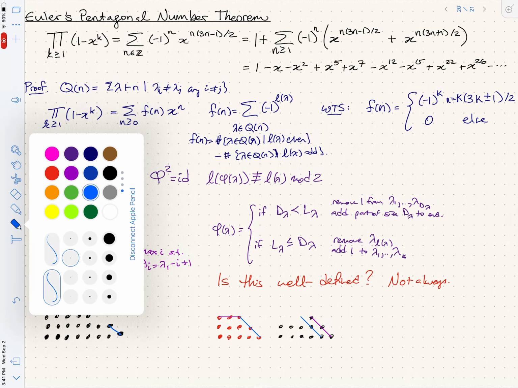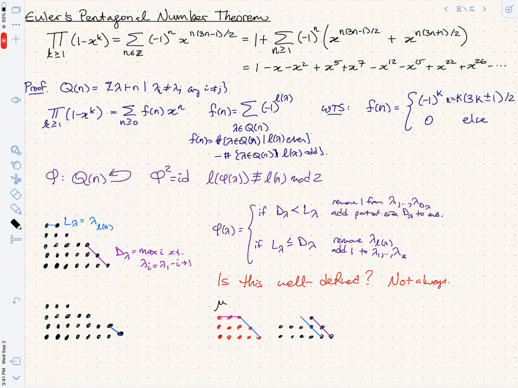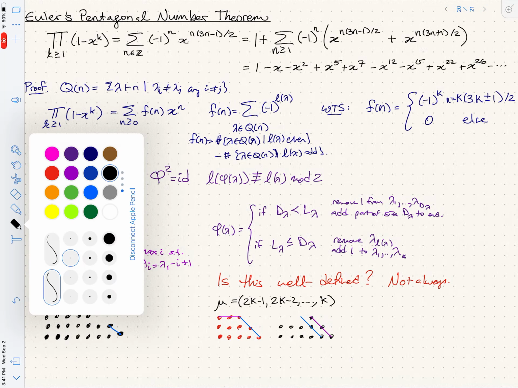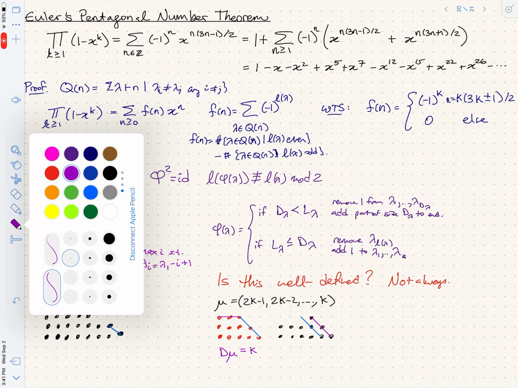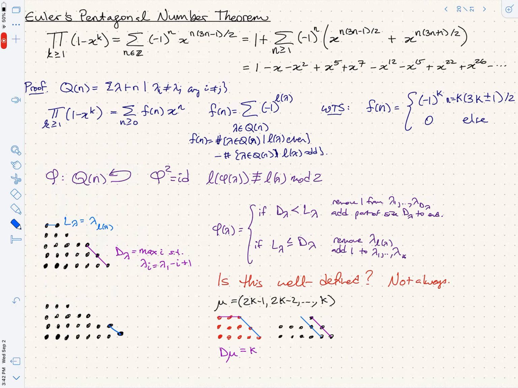So when does this actually happen? For what partitions could this possibly happen? Well, this is going to be the case where I have something of the form 2k minus 1, 2k minus 2, a staircase that takes me all the way to the top ending in k, because in this case, I get that d lambda, or rather d mu, is going to be equal to k, and L mu is going to also be equal to k.